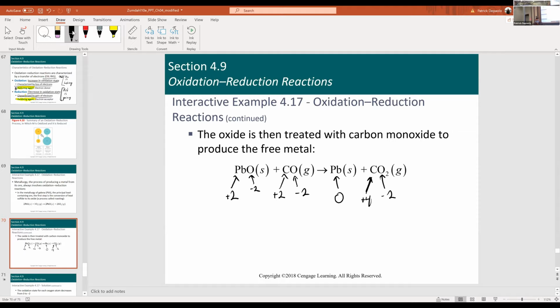Now it's our job to compare what happens to the oxidation state of lead. It goes from +2 down to 0. What I like to do is make a bracket like that, and we can say it goes from +2 to 0. Does that mean it's being oxidized or reduced?